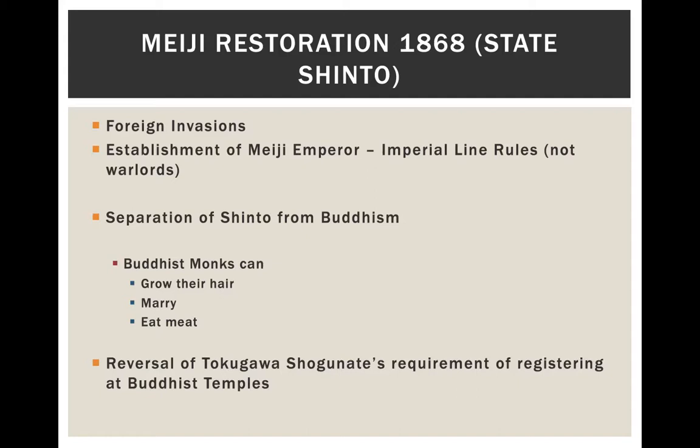But in Japan, there's a lot of evidence to show that monks did have partners, but because of this rule against marriage, they just remained illegitimate. And what the Meiji Restoration did was legitimize what they were already doing.